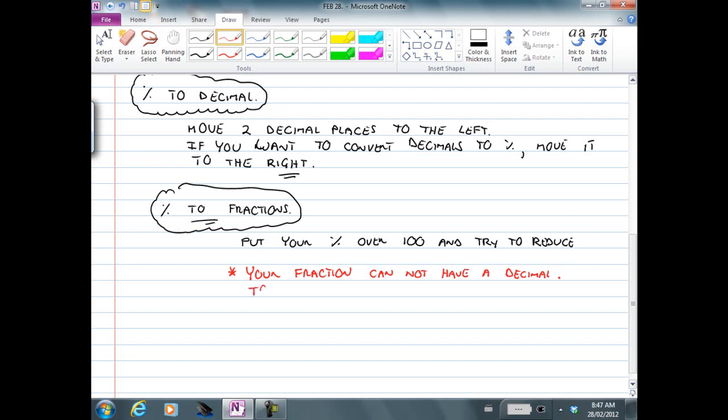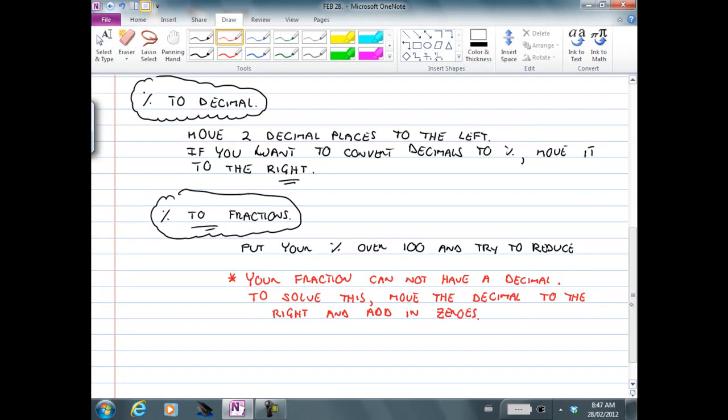To solve this, move the decimal to the right and add in zeros. I'm going to explain what this means. It sounds confusing, but I'm going to give you a few questions to try.